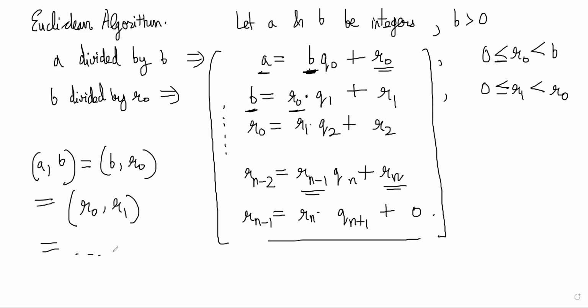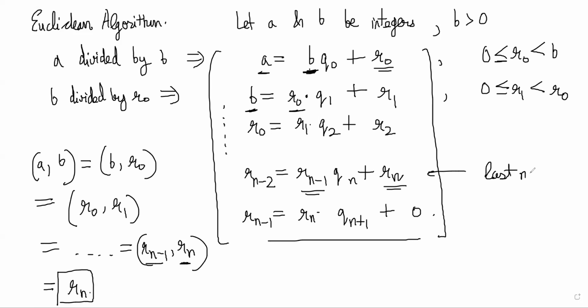And finally, at the end, it is equal to the GCD of Rn minus 1 and Rn, but Rn minus 1 is completely divisible by Rn, so that is equal to Rn. What was this Rn? Rn was the last non-zero remainder in this sequence of successive divisions, right?